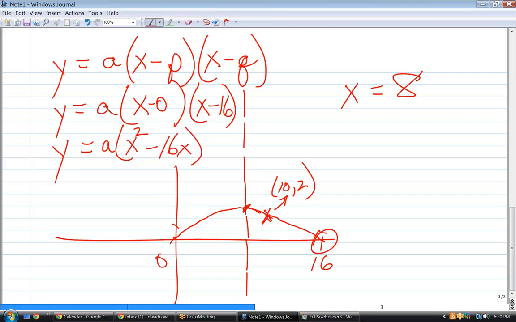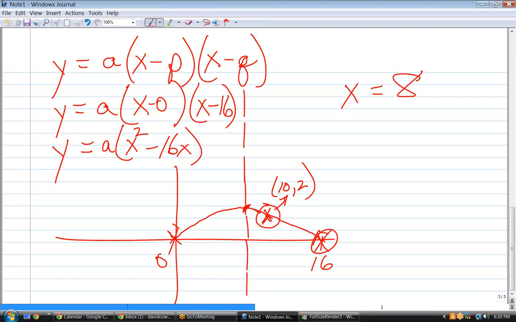That is the equation of this parabola, only we need a. If I knew what a was, I would have the final equation. Well, we do know one point the parabola goes through besides the intercepts, and you can't use the x-intercepts for this, but you can use any other point.